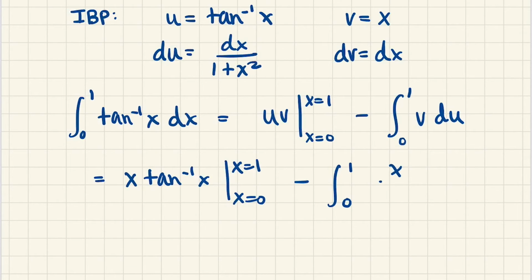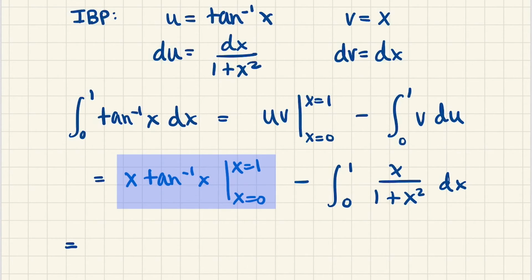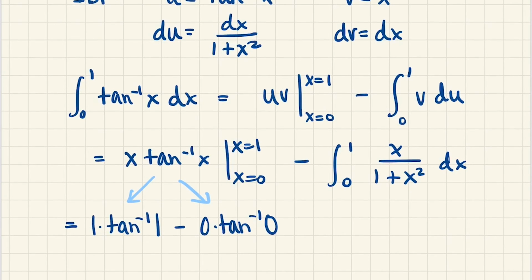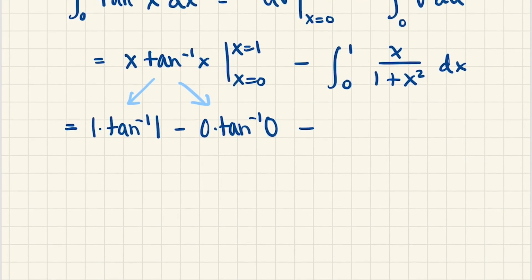So that's x over 1 plus x squared dx. Okay, so looking at this part here, we're going to plug a 1 in for x. So we have 1 times inverse tangent of 1 minus 0 times inverse tangent of 0 minus, okay, well, how do we evaluate this integral?